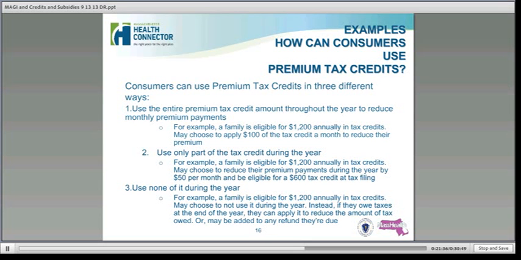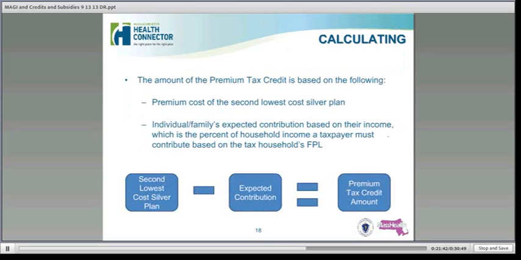And connector care plans are subsidized from eligible federal premium tax credits and cost sharing reductions, as well as state subsidies. So in short, persons who are enrolled in connector care plans will be able to take advantage of federal premium tax credits, get cost sharing reductions, and take advantage of state subsidies.